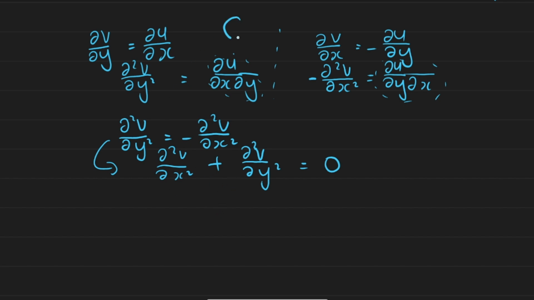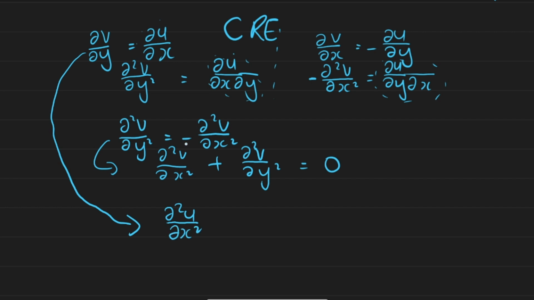We can use the Cauchy-Riemann equations to show the same thing about u. All we would do is take u with respect to x. So if we take the derivative with respect to x, we have d squared u dx squared, that's the right-hand side on the top. Now we do the same thing with the other side of the equation, and we get d squared v dy dx.